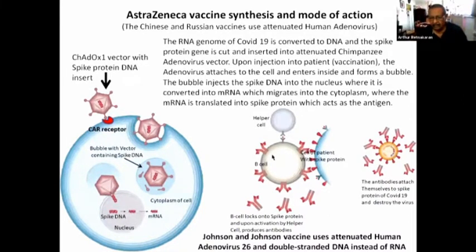Now here we have the B cell. Once it comes out, it induces the reaction producing antibody. The antibody is a B cell formation. And these B cells immediately use this antigen and they produce antibodies against this spike protein. And then this B cell locks into the spike protein, and upon activation by a helper cell produces antibodies. So you have a tremendous number of these antibodies, and these antibodies attack the spike protein and neutralize the virus. That's how the AstraZeneca vaccine operates.